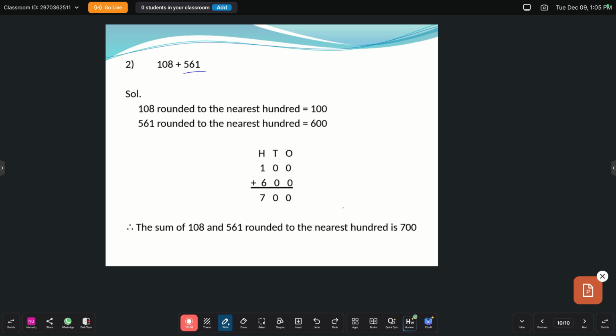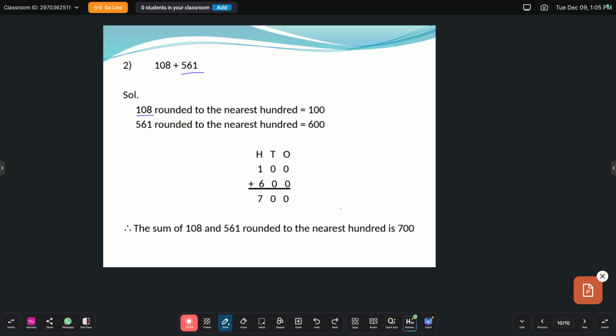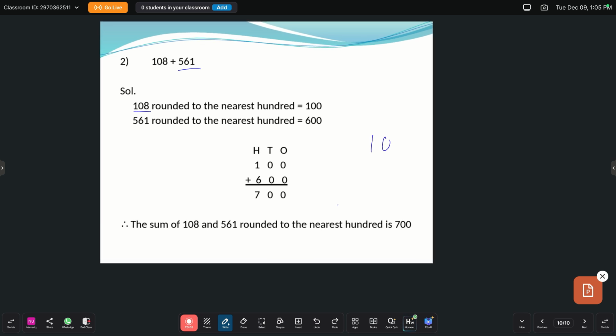Look here. The first addend we have is 108, and we will round this 108 to the nearest 100. What do you have to do? You have to round this number to the nearest hundreds. To round to the nearest 100, we have to look at the digit at the tens place.